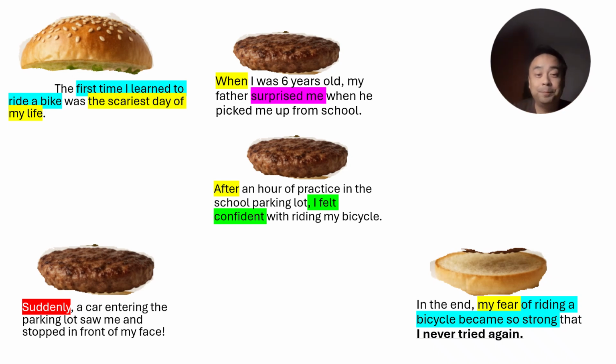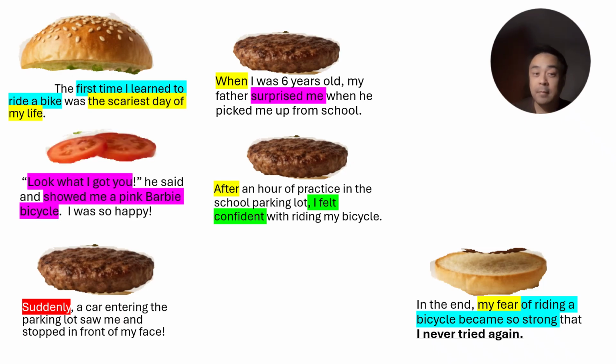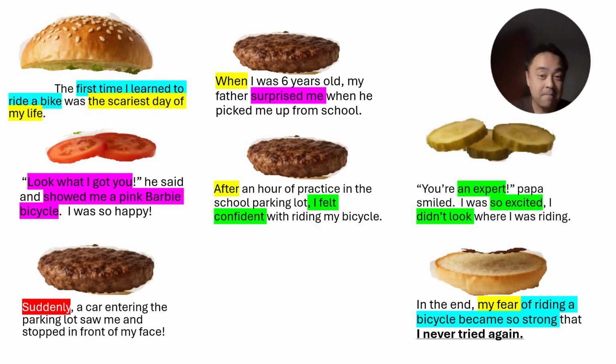Let's check this out. The first time I learned to ride a bike was the scariest day of my life. When I was 6 years old, my father surprised me when he picked me up from school. "Look at what I got you," he said, and showed me a pink Barbie bicycle. I was so happy. After an hour of practice in the school parking lot, I felt confident with riding my bicycle.